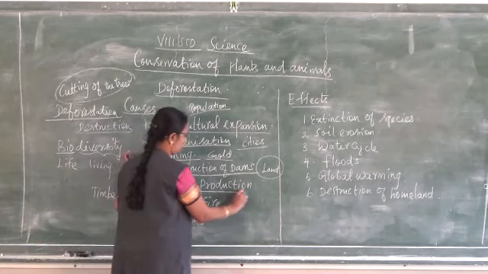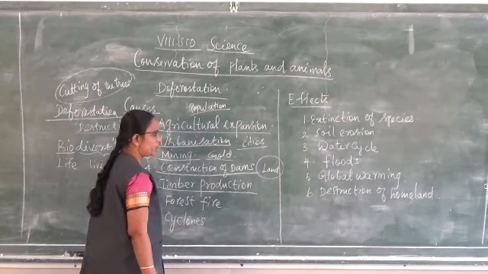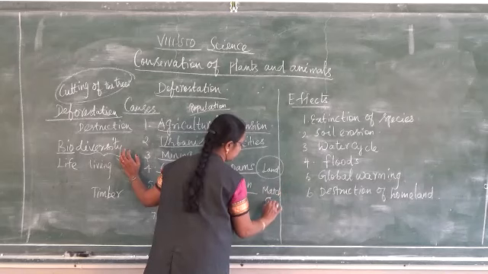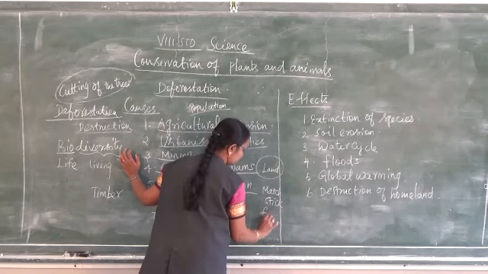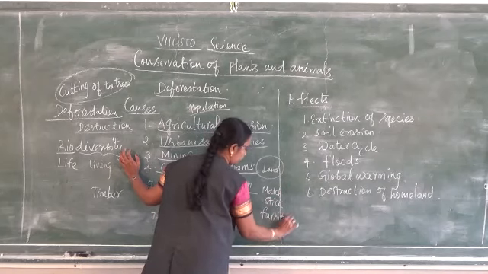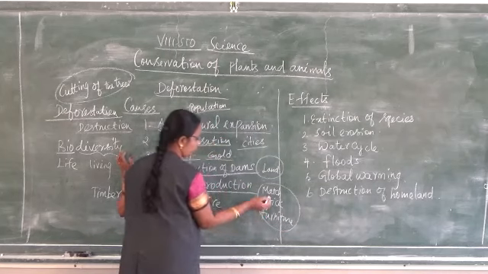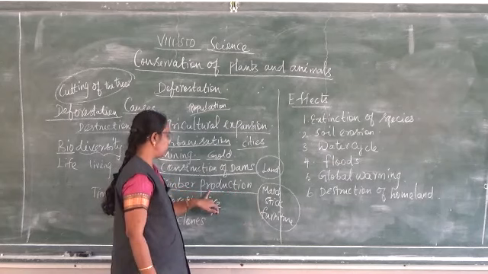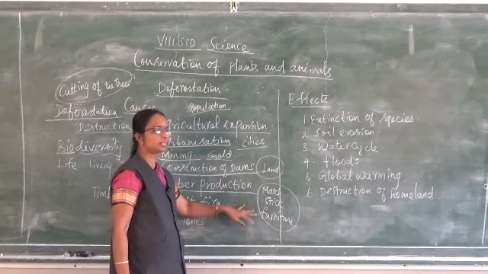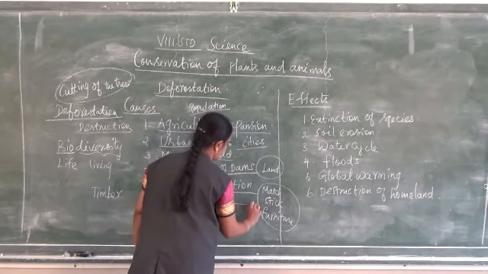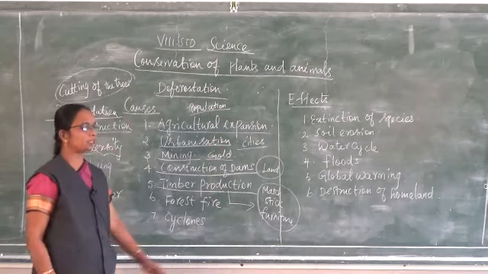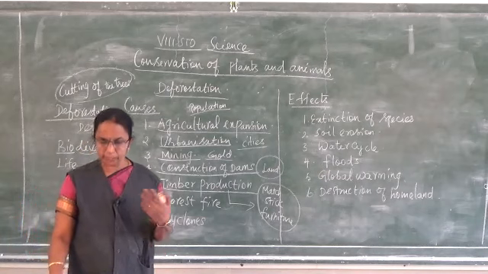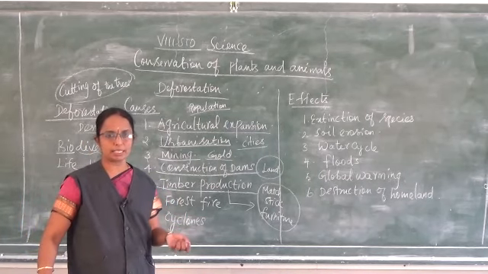And then timber production, the wood industries, like the production of matchsticks and furniture. They are cutting down the forest. The main base of the industry is wood. So the wood industry is cutting down the forest for the production of furniture, matchsticks, etc. Some are illegally cutting down the forest.